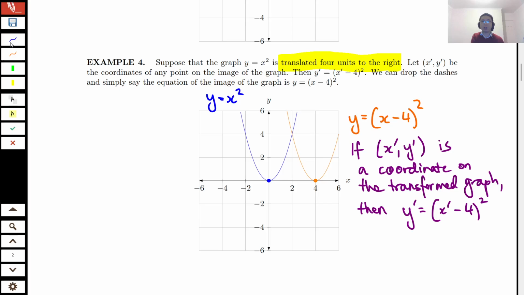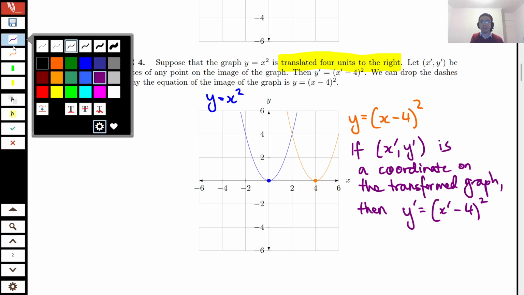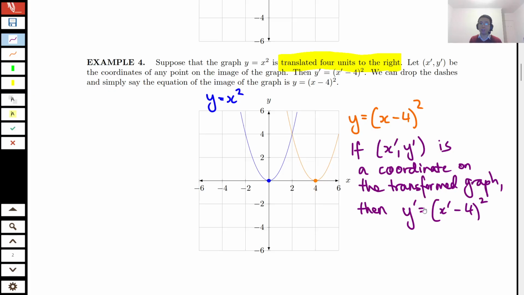Now, what you'll notice when you read the book is they'll do this calculation to find the new rule after changing x, y to x dash, y dash, and you get a rule like this. And then in the last line, they drop the dashes. And so we would say two statements. These two statements are the same in purple.